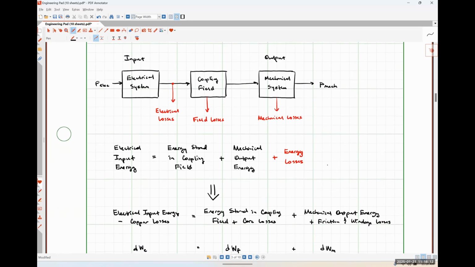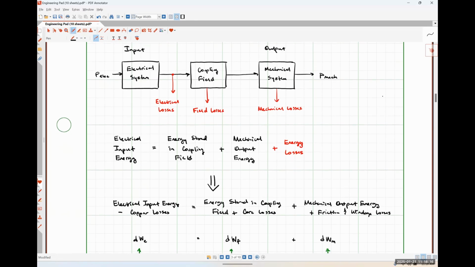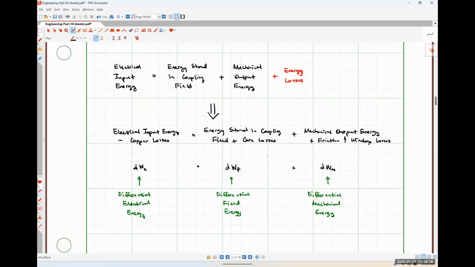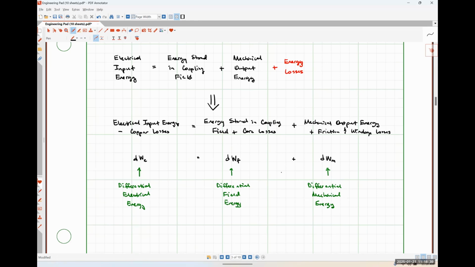Coupling, electrical coupling. All right, we good? I see people playing on their phones, so I'm going to assume I'm good.